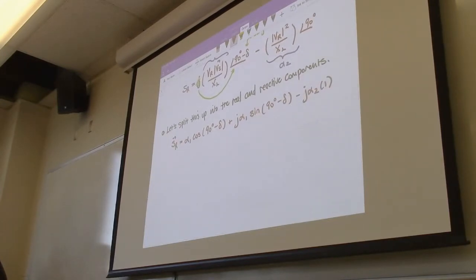And then we could plug those values back in if we wanted to.